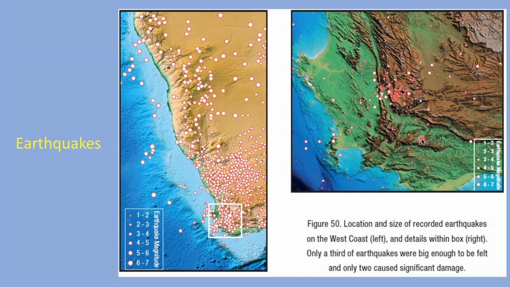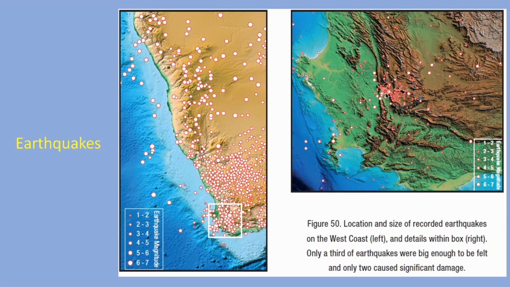As you can see, the bulk of the earthquakes are relatively low magnitude, on a scale of 1 to 2 or 3, which means you would hardly feel them. But there have been several in the 5 to 6 and slightly over 6 range.